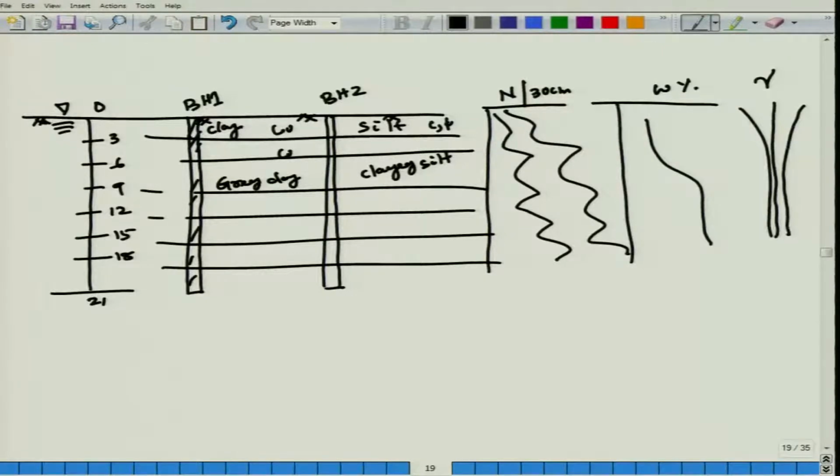Now, particularly if you look at what are the tests you are supposed to carry out in your laboratory, basic tests. So, classifications, one is your classifications.